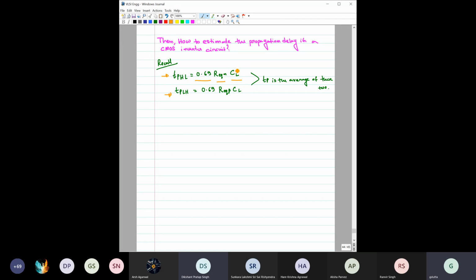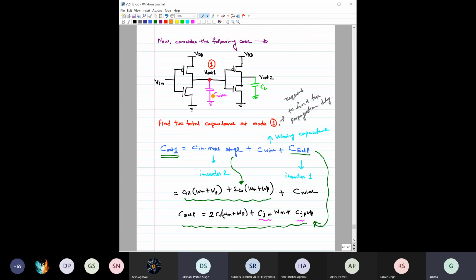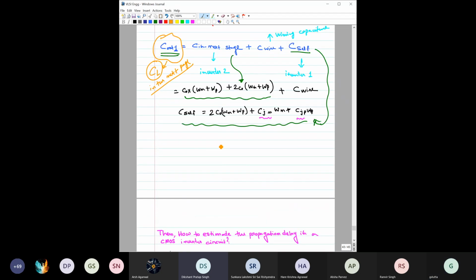Now, what is the CL? CL is the load capacitance. It does not mean CL is only this one load capacitance here. This CL is basically this C out, which is C in of the next stage.